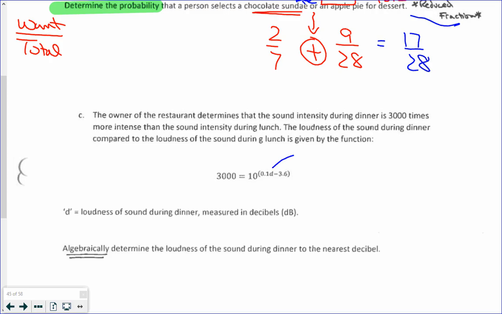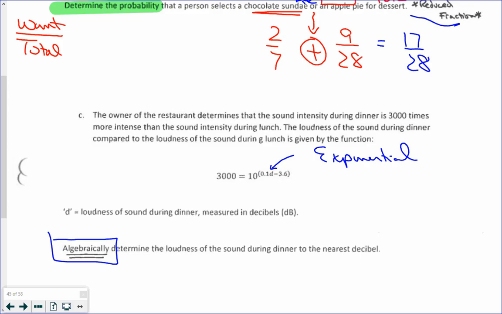You have got a letter in the power position. So again, this is another exponential equation. D is the loudness of sound during dinner, measured in decibels. Algebraically, determine the loudness of the sound.